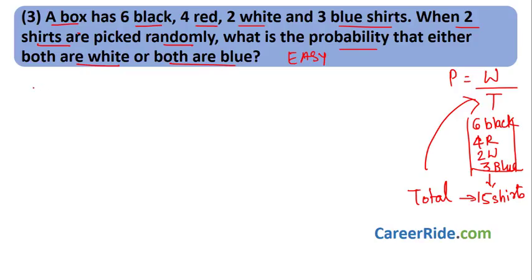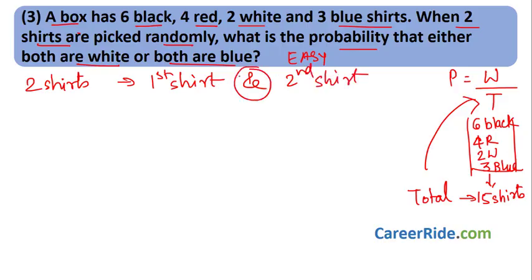What have they given? They pick out 2 shirts. That means they pick the first shirt and then they pick the second shirt. And means multiplication, right? Now over here, please remember that they pick the first shirt, they do not put the shirt back in.